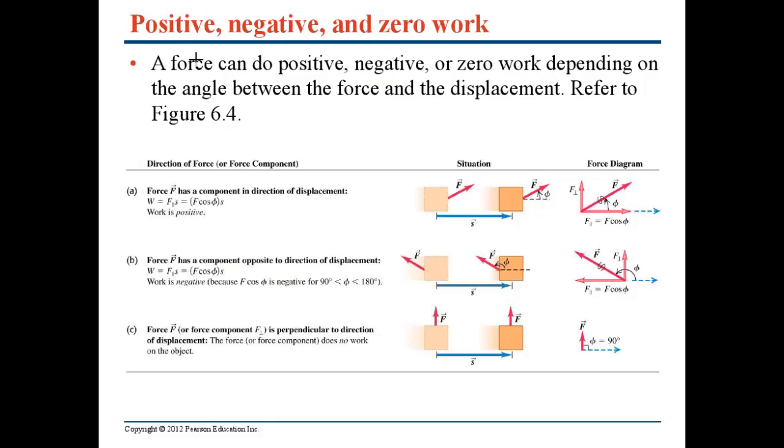This angle leads to the idea that this force can do positive, negative, or zero work, really depending on the angle between the force and the displacement. So we're taking a look at three different examples here, 1, 2, and 3. In the first situation, our force has some component in the positive x direction, which is the direction of our displacement.